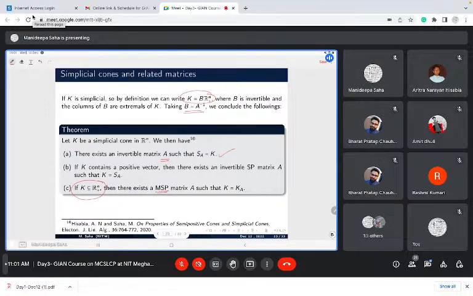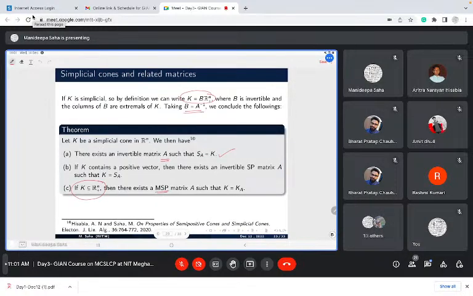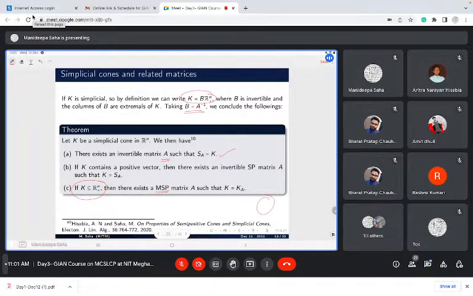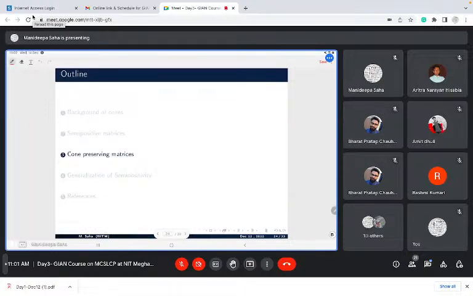Then that minimally semi-positive matrix set S(A) and K will be the same. So this gives us a one-to-one correspondence between the simplicial cones and the invertible matrices: if we consider the collection of all simplicial cones and the collection of all invertible matrices, this gives a one-to-one correspondence between the two.